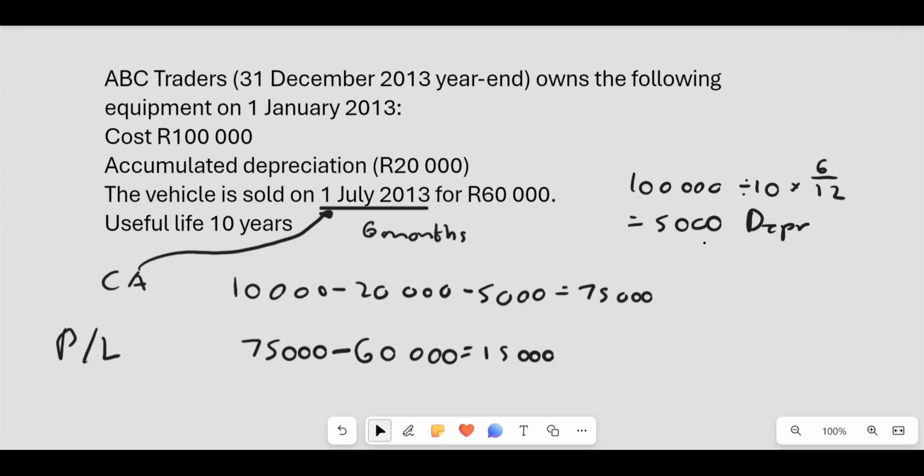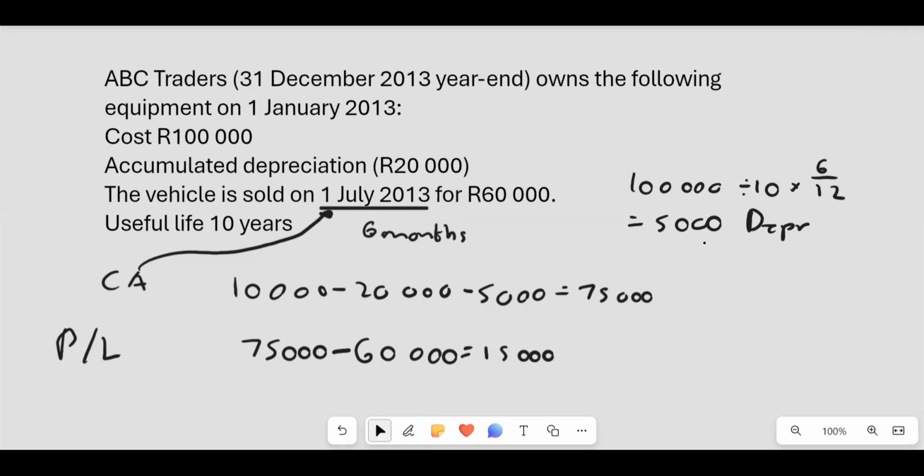And in order to calculate whether it's a loss or a profit, you take the carrying amount less the proceeds. If the carrying amount is greater than the proceeds, then it is a loss. If the carrying amount is less than the proceeds, then it is a profit.